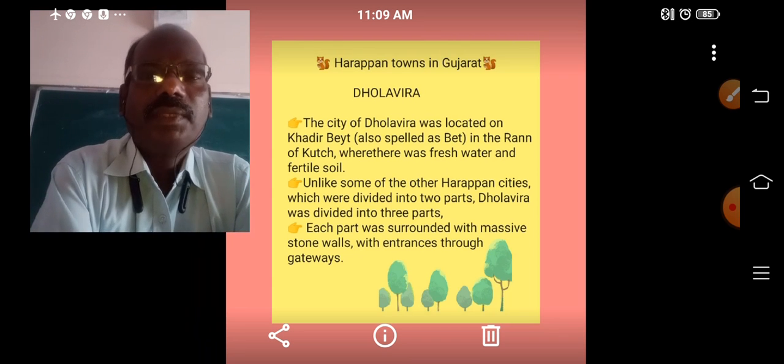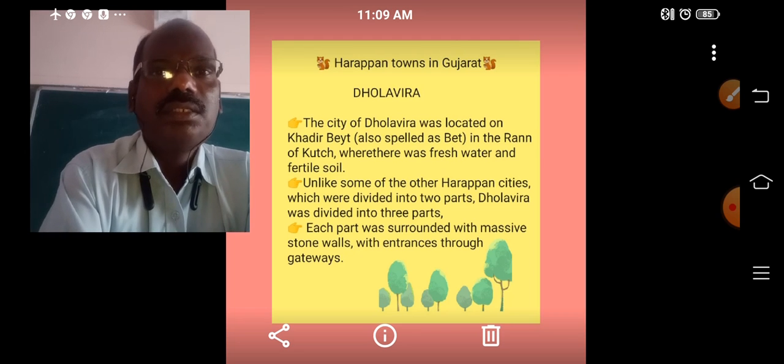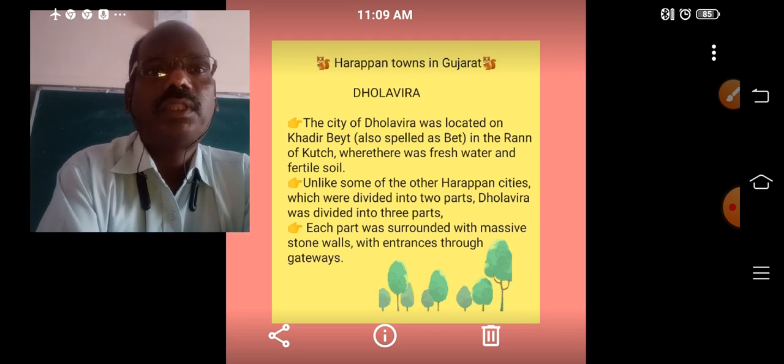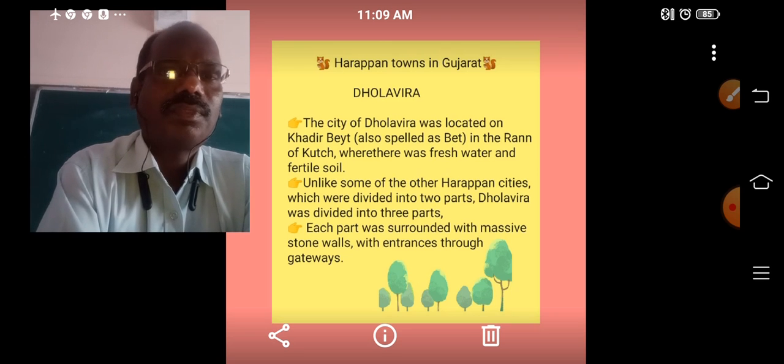Another feature is that this city, like all other Indus cities, was also surrounded with a massive wall. But here they used stone for constructing their wall. In other cities, like Harappa or Mohenjo-daro, they used baked brick for constructing their walls.